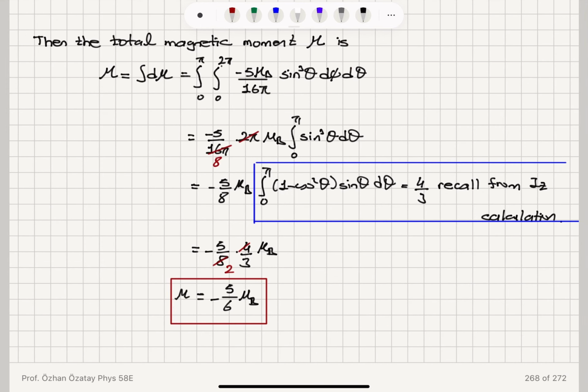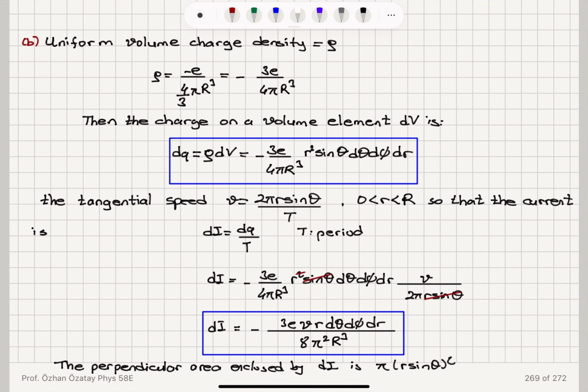The last time we did uniform surface density, the answer was minus 5 over 6 Bohr magneton. With the uniform volume charge density, rho is minus e divided by the volume of the sphere, 4/3 pi R cubed. First, we calculated the charge on a volume element, rho dV, where we have substituted for dV, r squared sine theta d theta d phi dr.